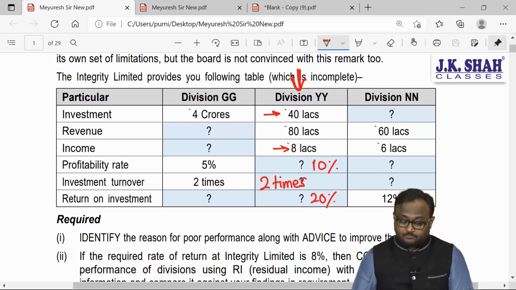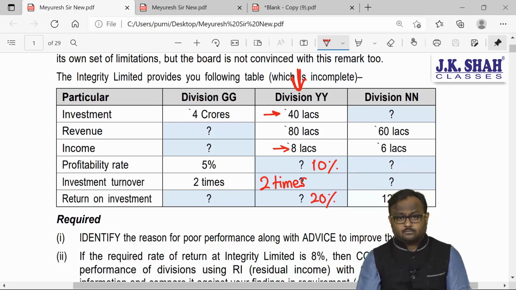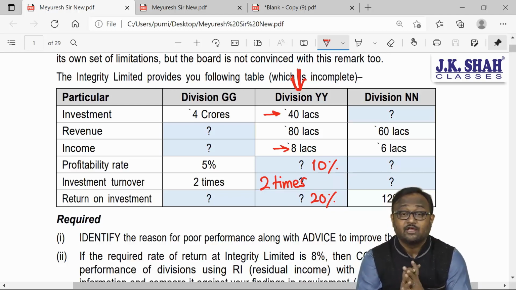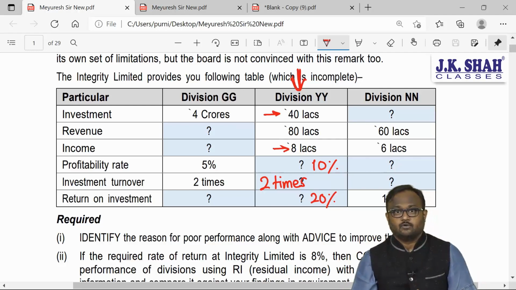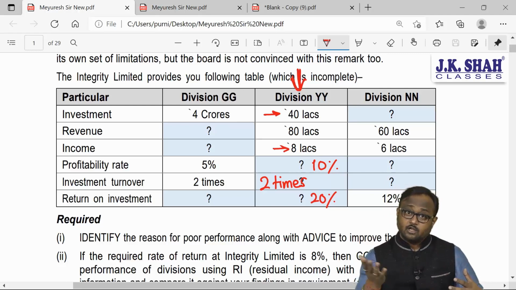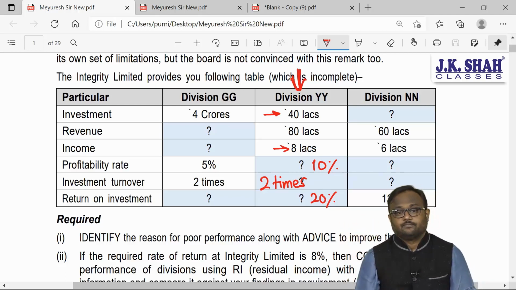Profitability is profit upon revenue into 100. ROI is profit upon investment into 100. With investment of 40 lakhs, you are generating revenue of 80 lakhs, so your investment turnover ratio is 2 times. Whatever you have invested, you are recovering 2 times. Of course, higher the better.